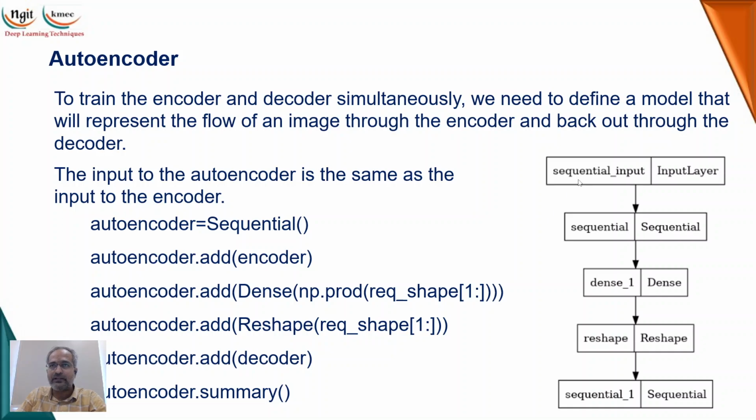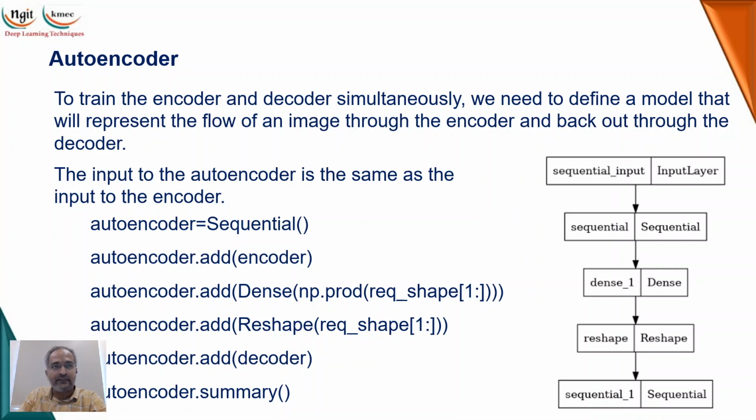So as a summary, we are using the input image and going with the encoder layer. This is the sequential, it is an encoder layer, and then we are going with the dense layer and then reshaping. After that again we are having one more sequential. This is the decoder, encoder and decoder combination. So this is the autoencoder concept.